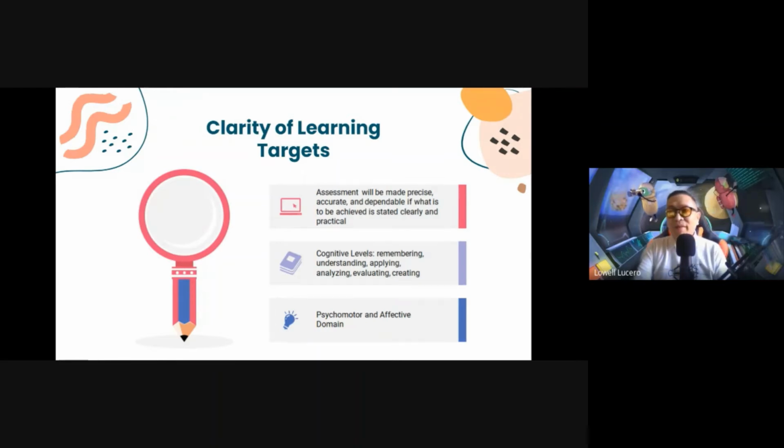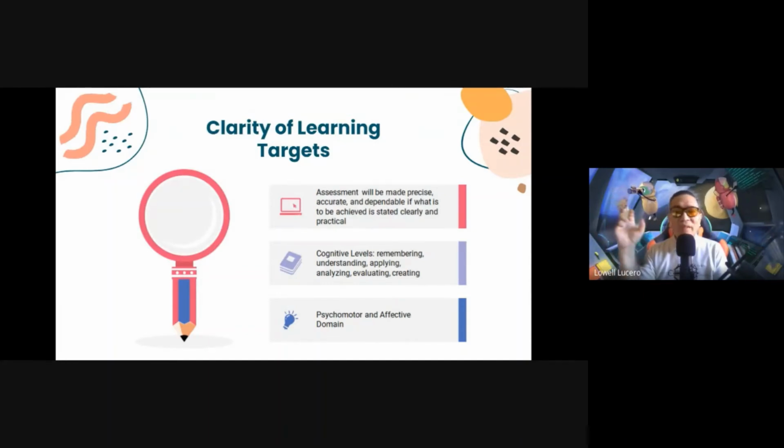In the clarity of learning targets, dapat yung objective, this refers now to the objective of your lesson, ha? The objective should be stated clearly. So, paano ba natin state siya clearly? Okay, so we make use of behavioral terms. So, pag clearly stated yung objective, it means precise also, accurate also, at saka dependable yung assessment mo.